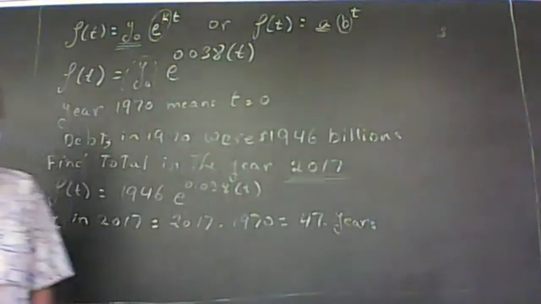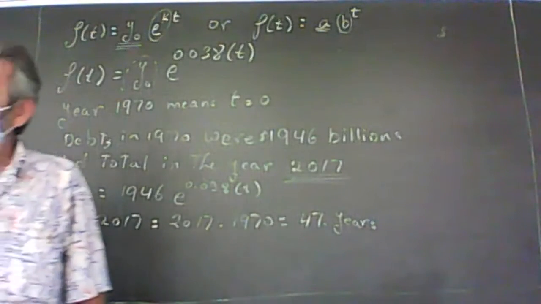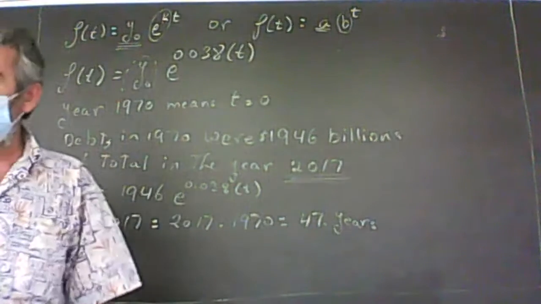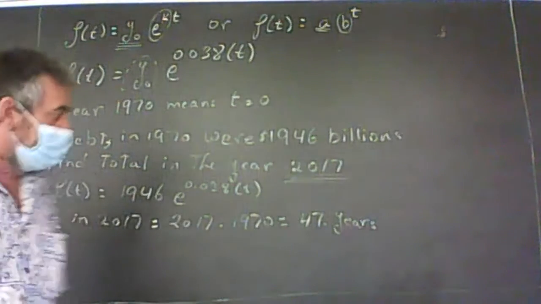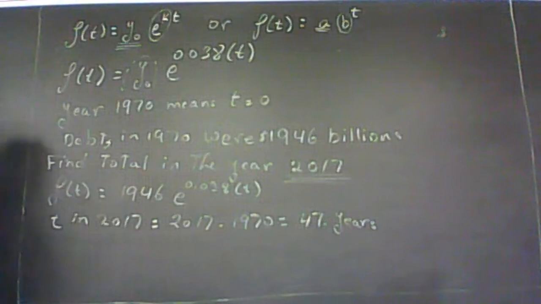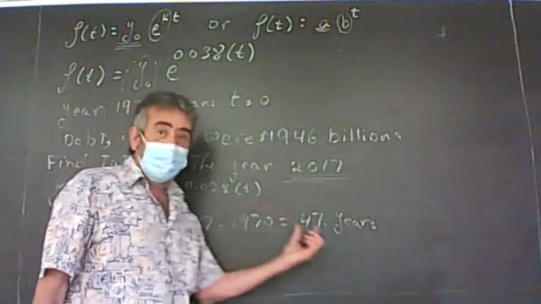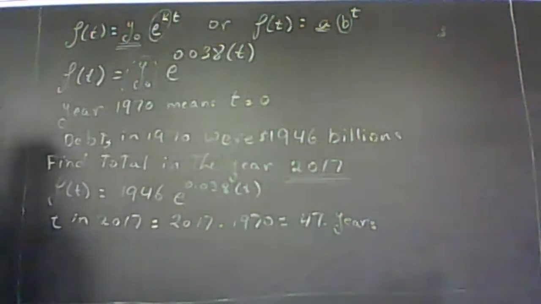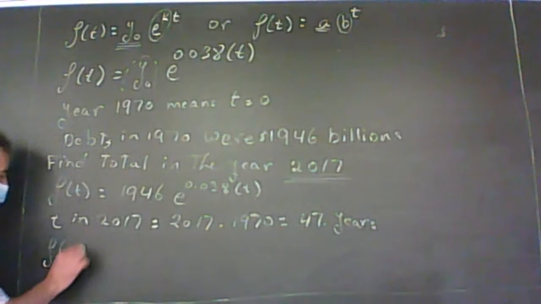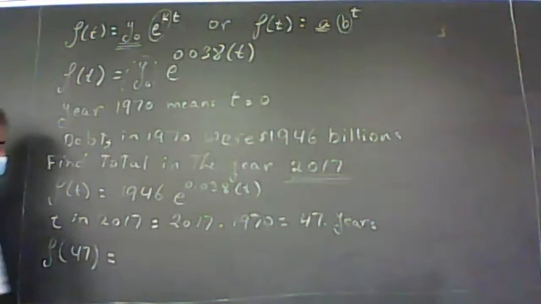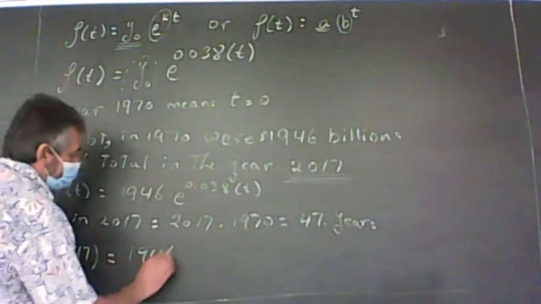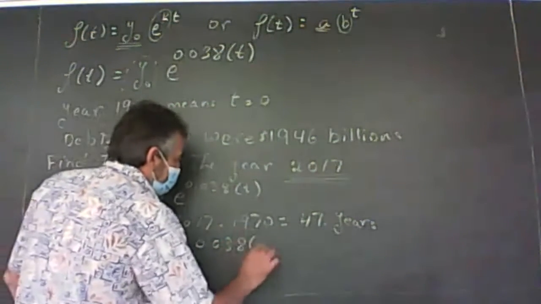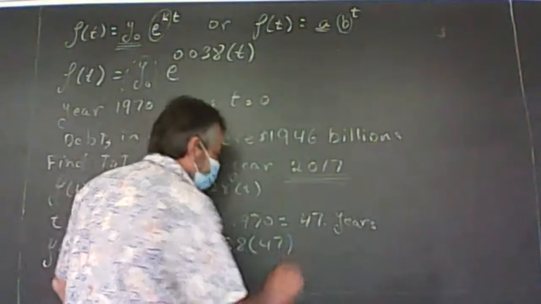So that means we need to figure out the debt 47 years after that formula was made. To do that, we just simply replace t by 47. So f of 47 equals 1946 e to the 0.038 times 47.